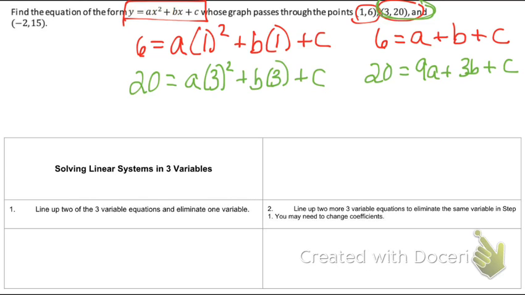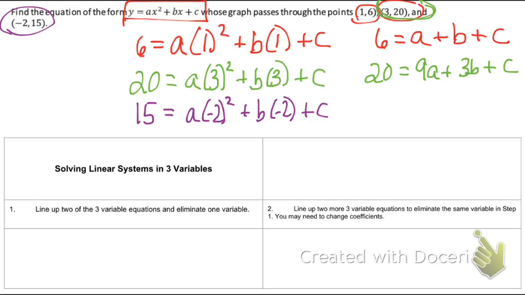And then my final equation, I have -2, 15, so my y value is 15 equals a times -2 squared plus b times -2 plus c. So 15 equals 4a minus 2b plus c. So those are my three equations.